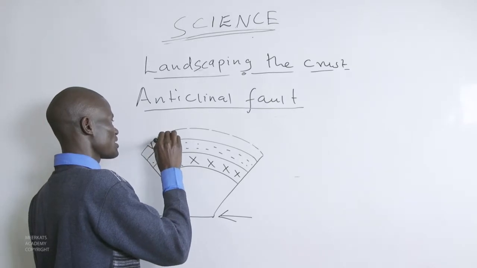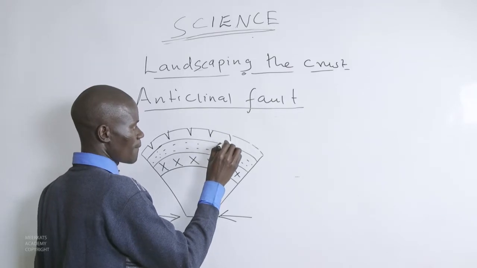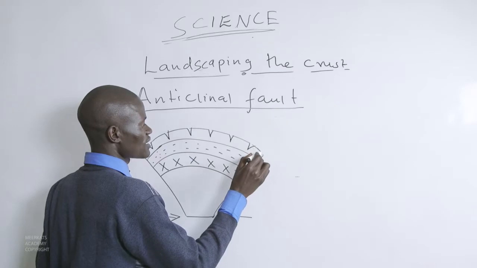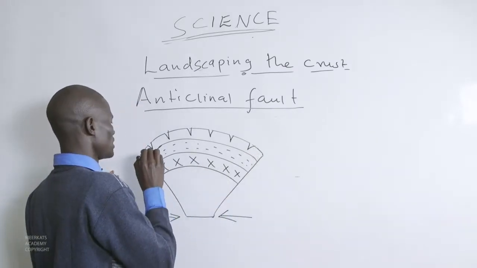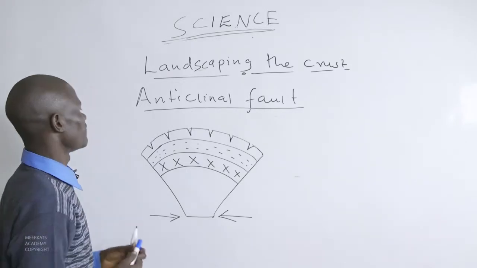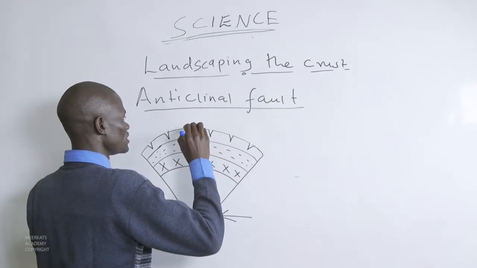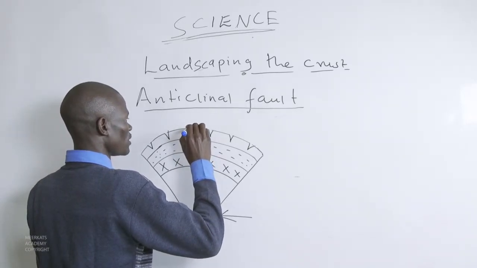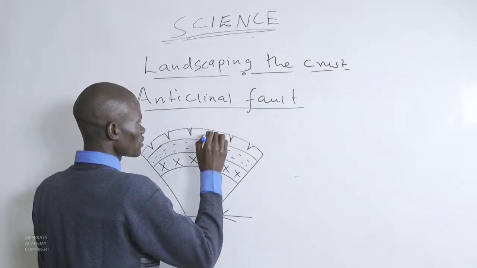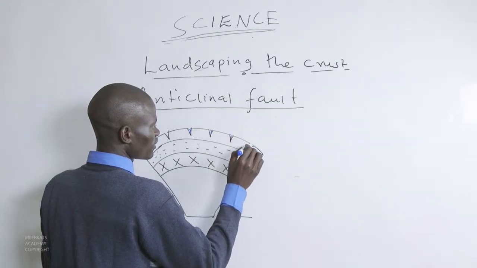Small cracks or crevices will develop, and as they develop, they will cause some anticlinal faults to develop around these regions, leading to what we call the anticlinal faults.